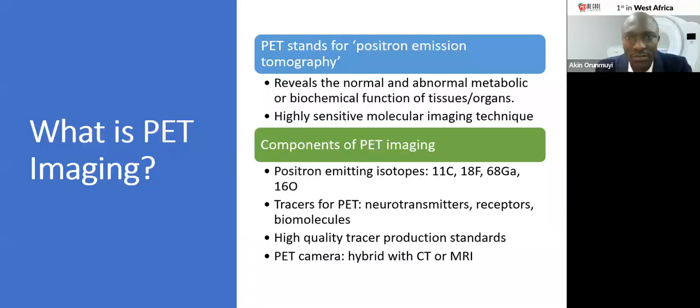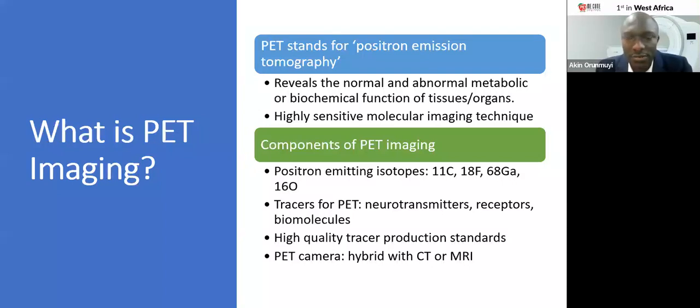So PET stands for positron emission tomography, and it's a very sensitive test that shows both normal and abnormal physiology and biochemistry of the body. So it could be tissue specific or entire organs can be imaged with PET.